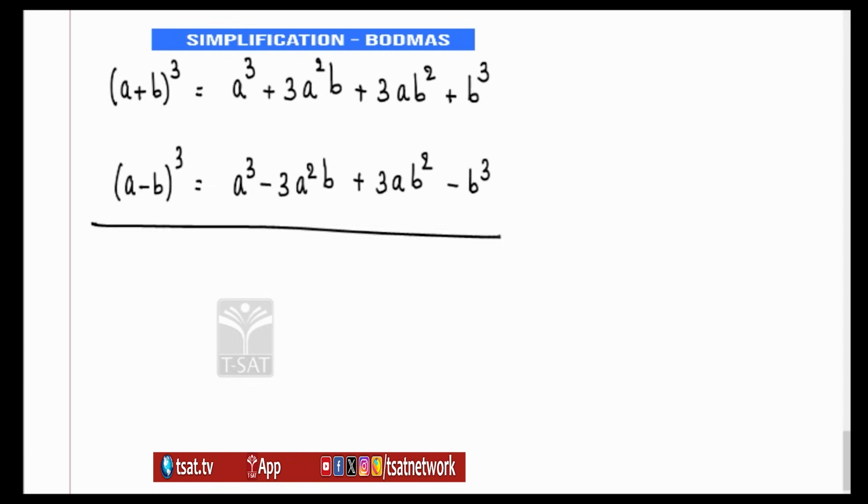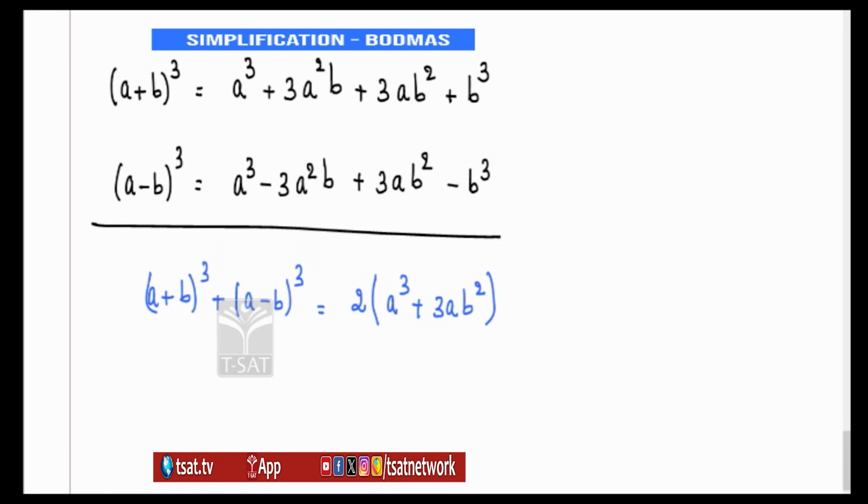If you add both of them, a plus b whole cube plus a minus b whole cube is equals to, so minus minus cancel, it becomes 2 into a cube plus 3ab square.